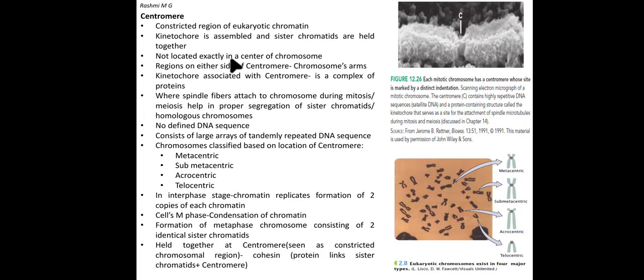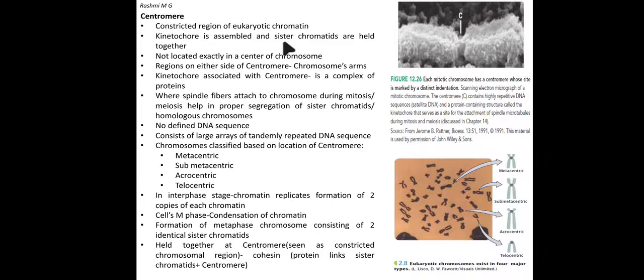Let us discuss centromere first. Centromere, as the name suggests, is present at the center. It is a constricted region of eukaryotic chromatin. What does it do? There is a particular element in the centromere known as the kinetochore, which is assembled there.